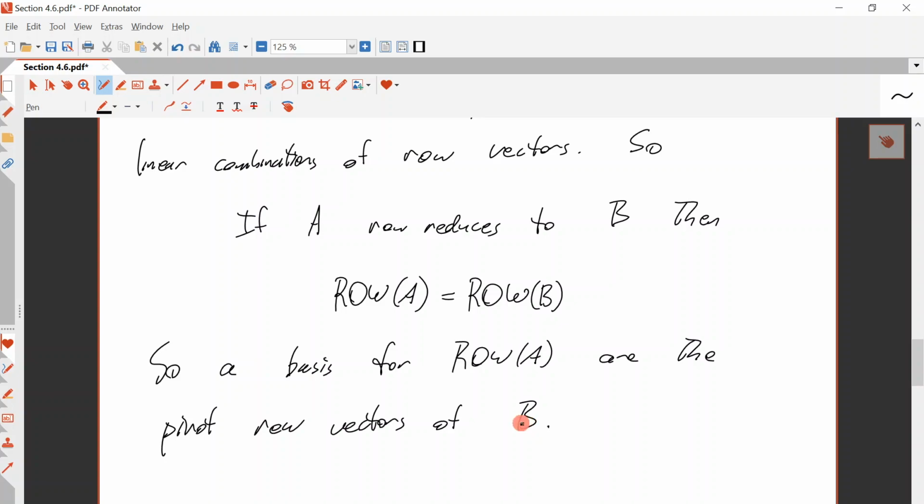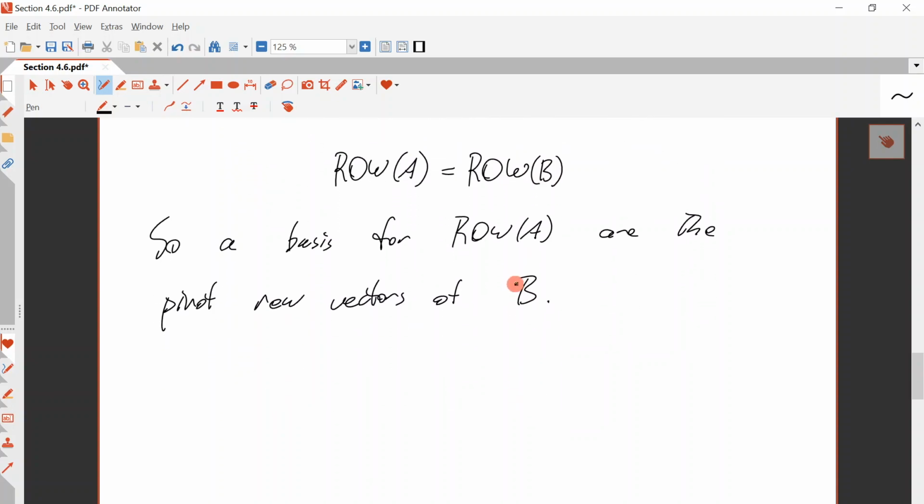With the column space, you have to take column vectors of A, not column vectors of B. Here we take row vectors of B with the row space.